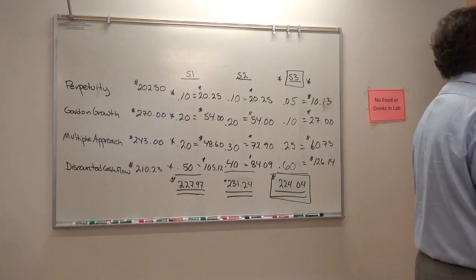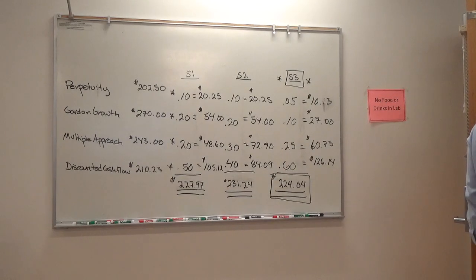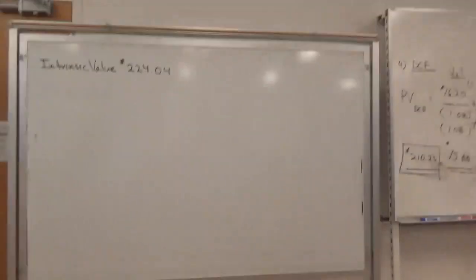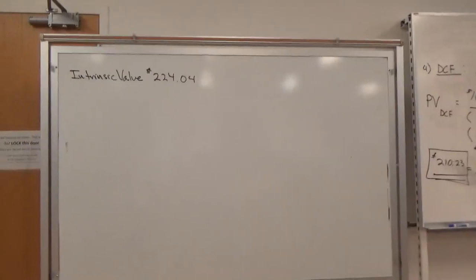So let's see. The intrinsic value equals what? 224.04. And what's the current stock price? What's the current stock price? 200.